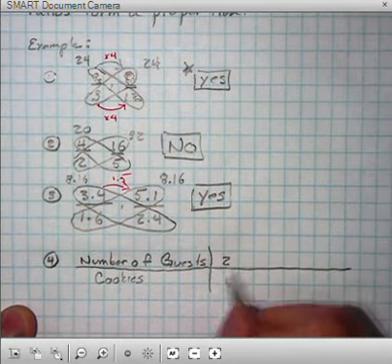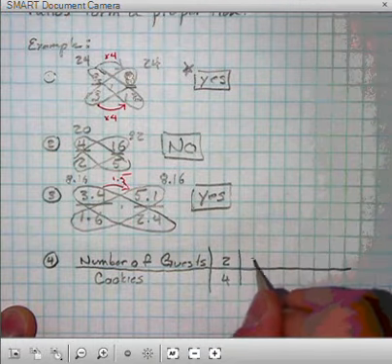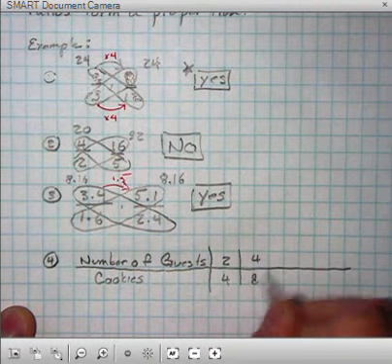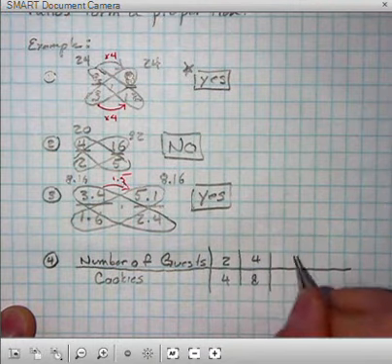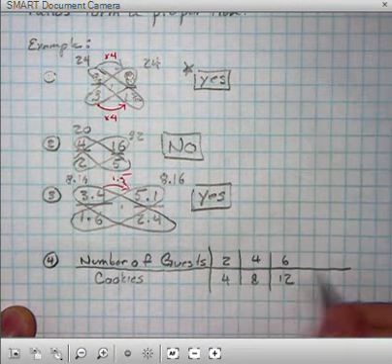So when there's 2 guests, there's going to be 4 cookies. When there's 4 guests, there's going to be 8 cookies. 6 guests, 12.